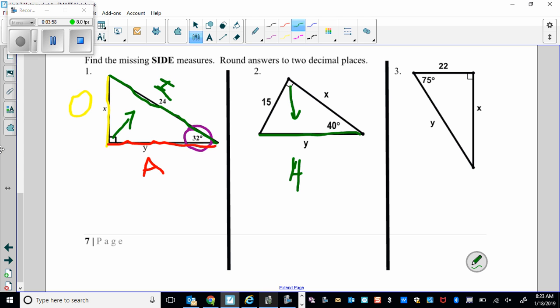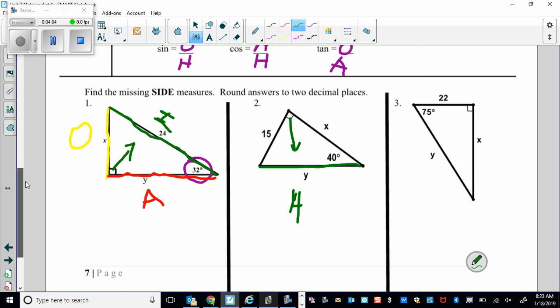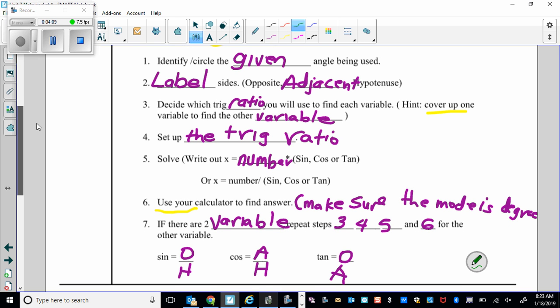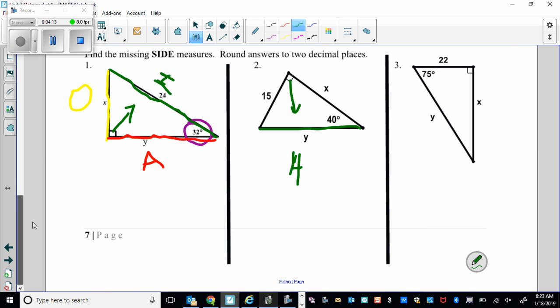After you label, that's the second step. The third is to decide which trig ratio you're going to use. If we have 2 variables, we want to solve for one first. So let's solve for x. x is my opposite side, and y is the adjacent, so I can't put both together.